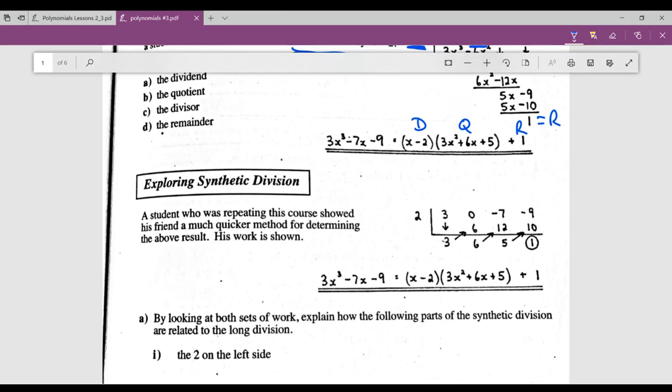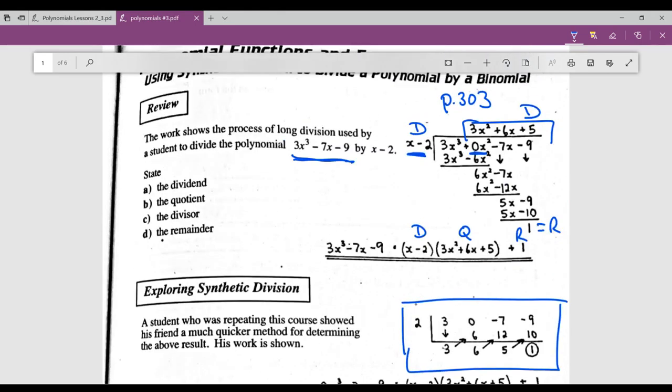Here's the same question done with synthetic division. Okay, very short, a little simpler to deal with. That's what we're going to learn today. It is faster, and you can always use synthetic division when your denominator, or what you're dividing by, is linear.